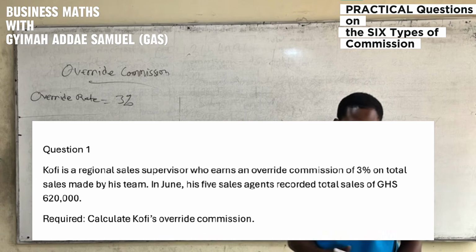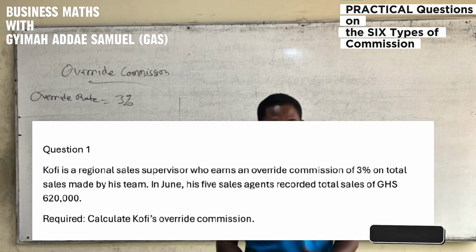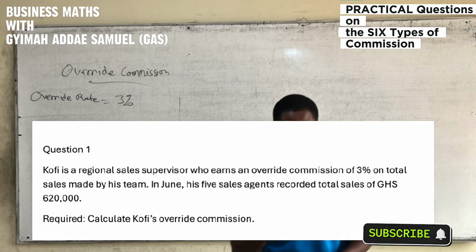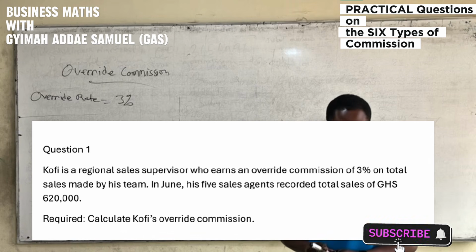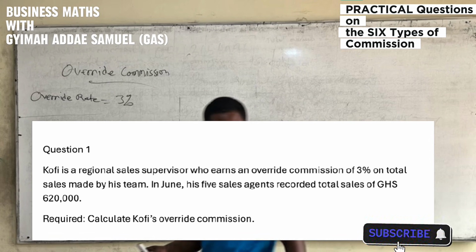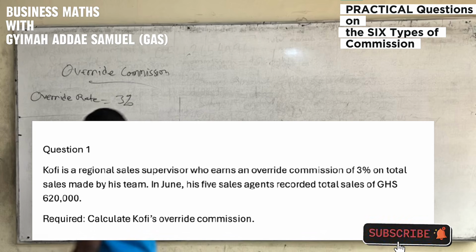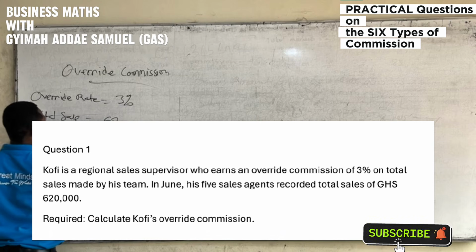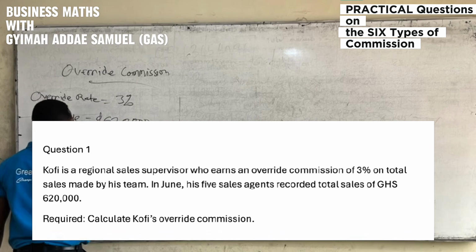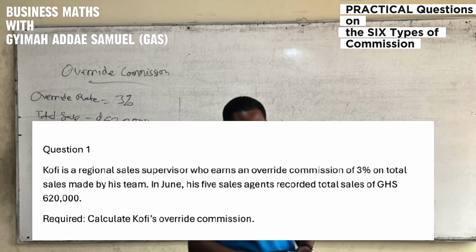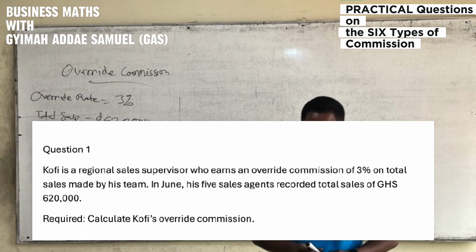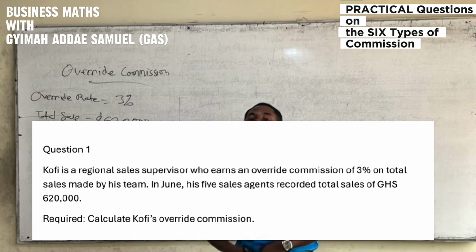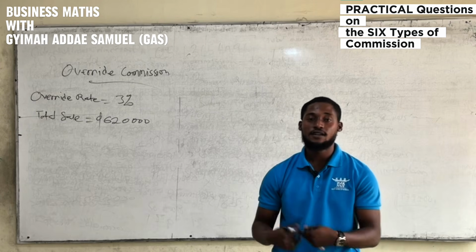On total sales made by his team. In June, his 5 sales agents recorded total sales of 620,000 Ghana cedis. Calculate Kofi's override commission. So when calculating override, it's simply override sales times override rate.